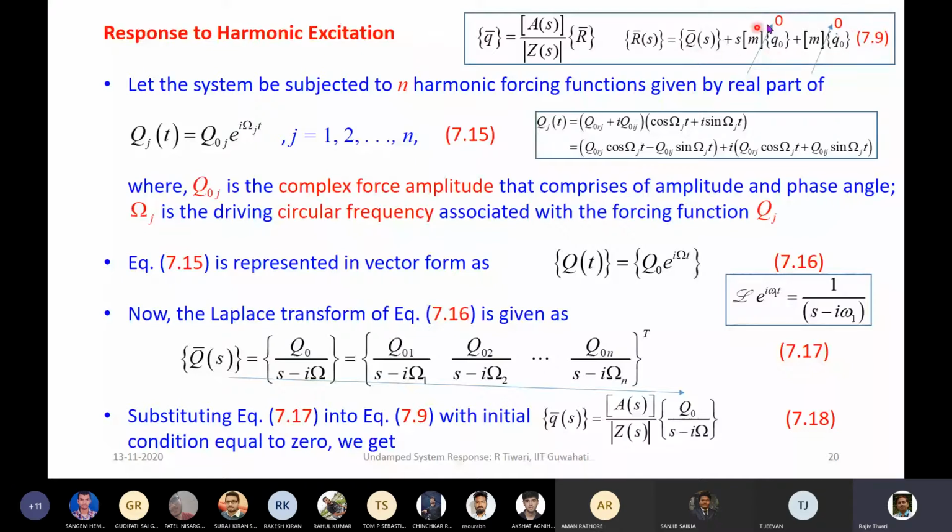The transient dies out, and we will be left with only the steady state part. So here we will be substituting in place of R bar. So you can see that the response in the Laplacian domain is from here. The R bar is replaced by Q bar, and that is this.